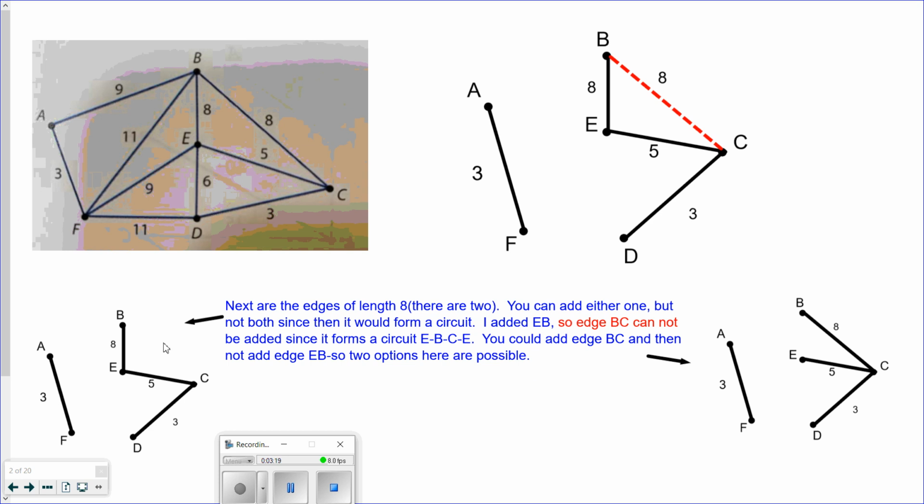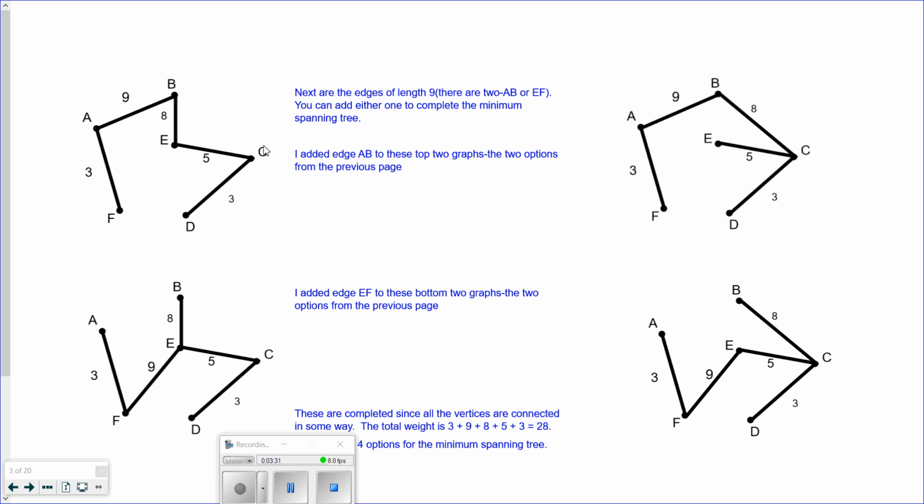So this is when I end up with either this option on the left or this option on the right. And if we continue from those two options, so I have the EB 8 over here and the BC 8 over here, then the next lowest number is 9.